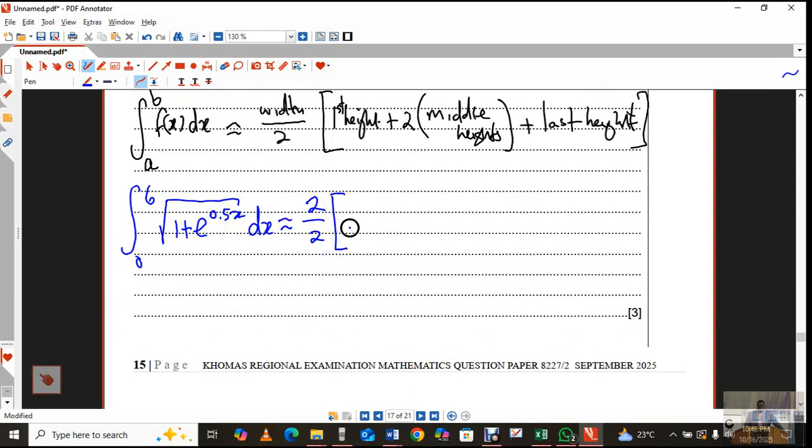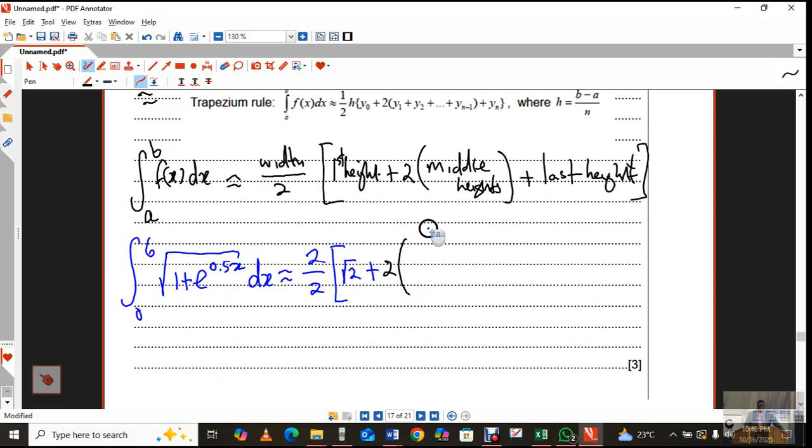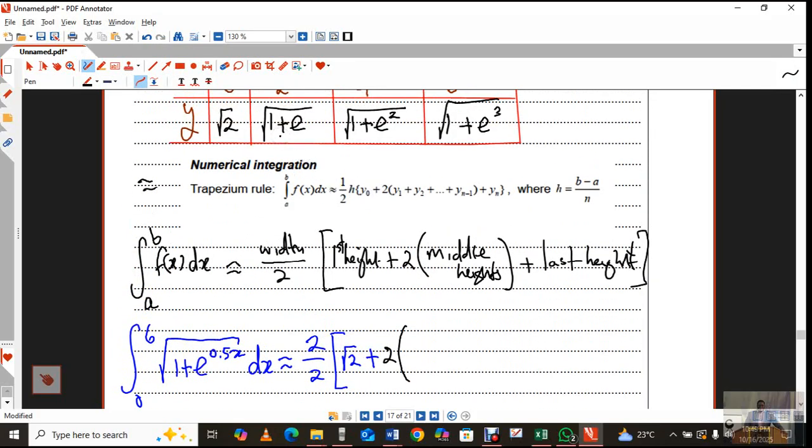So you go ahead and put square root of 2 plus twice, plus 2 times the middle heights. And what are the middle heights? The middle heights are the square root of 1 plus e plus the square root of 1 plus e squared.